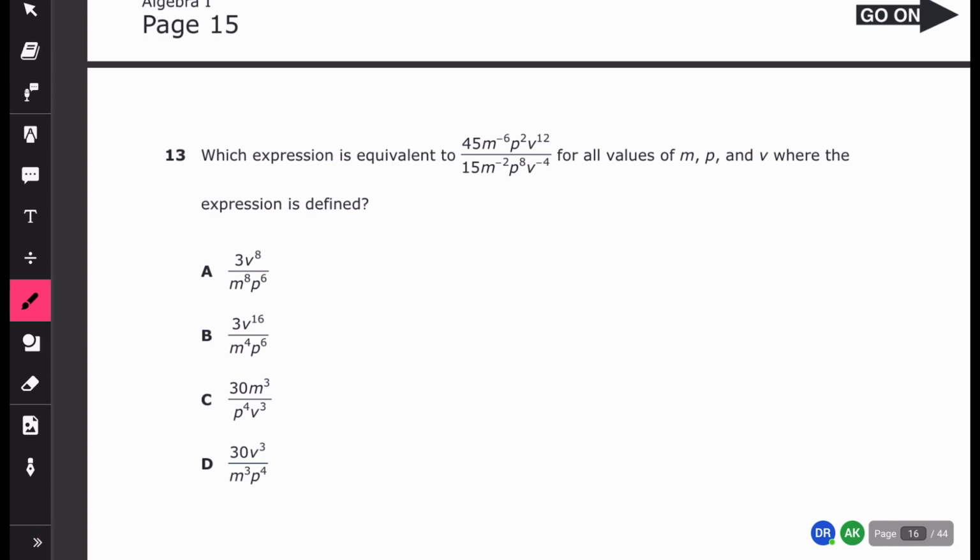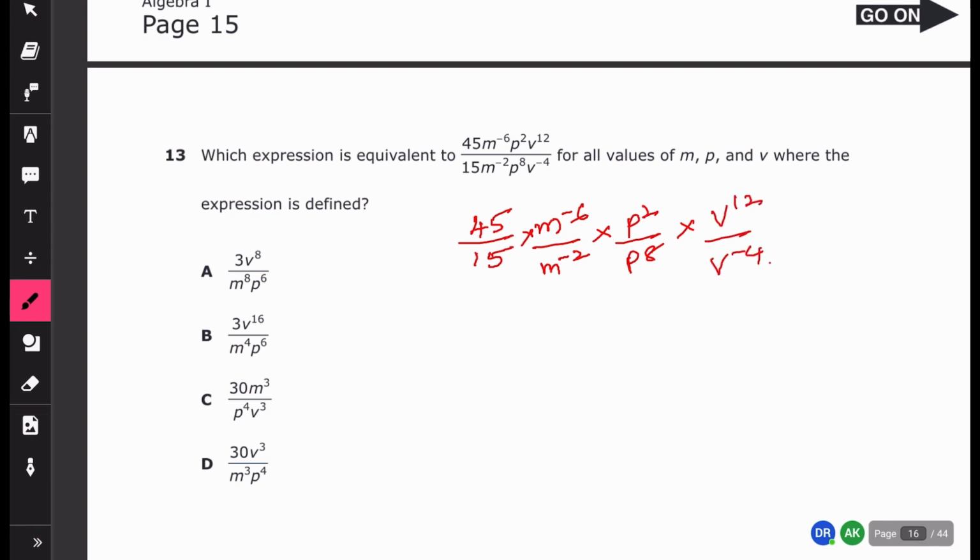So now whenever you're having such type of problems, you write this as 45 by 15. Now we can take each and every variable separated by different multiplication signs. So p square by p to the power of 8 into v to the power of 12 divided by v to the power of minus 4.